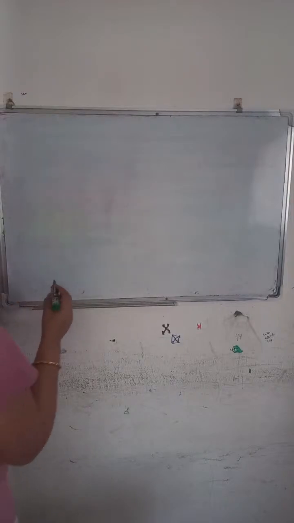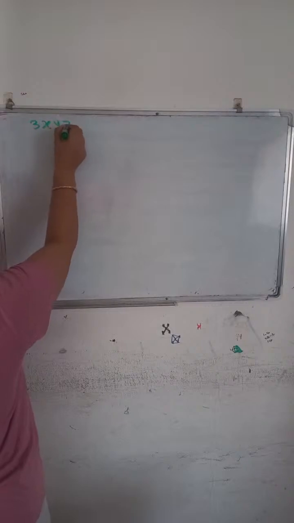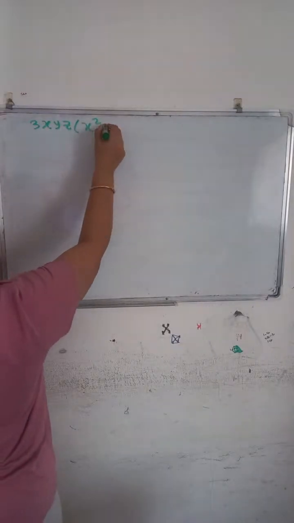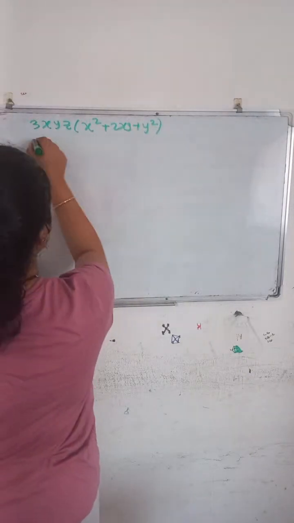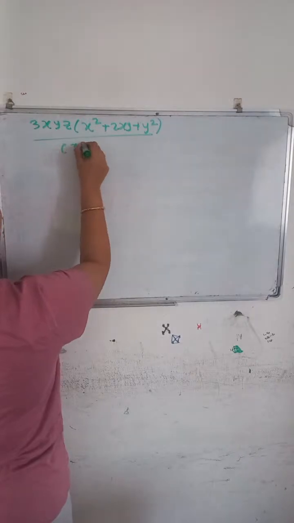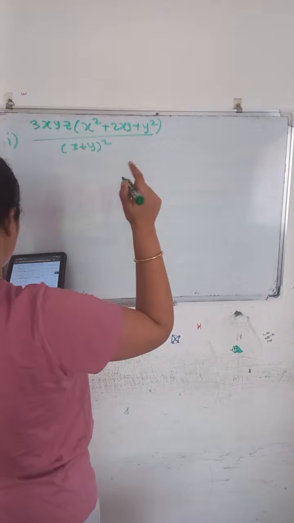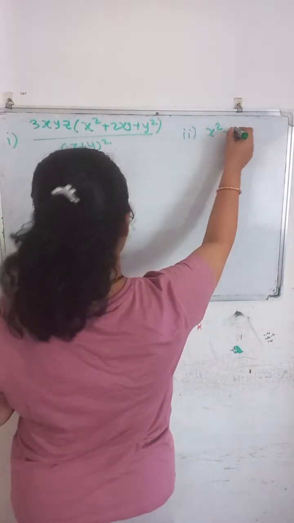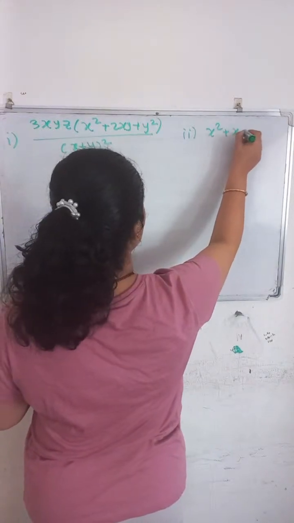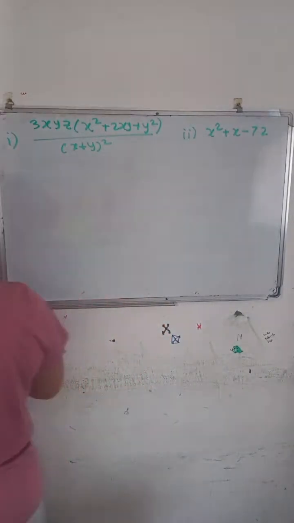So here the question is: 3xyz inside the bracket, x square plus 2xy plus y square, divided by x plus y whole bracket square. This is for a 1 mark question. Then the second bit, they are asking here x square plus x minus 72. So this also you can solve.